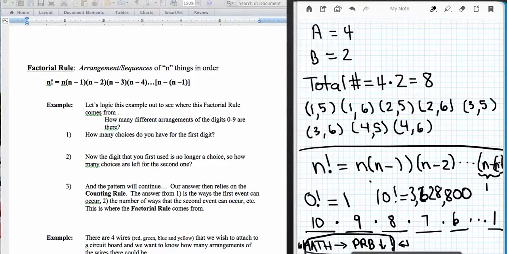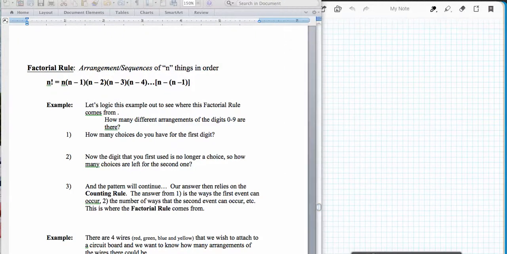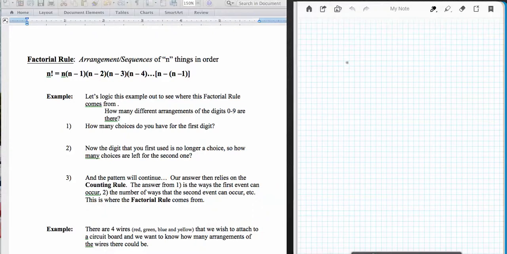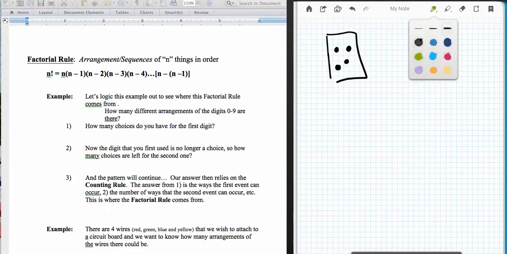All right, now the next thing that we want to do is look at this problem. So basically what I have here is 4 wires. I have a red wire, a green wire, and a blue wire, and I'm going to attach these to a circuit board. So I have a circuit board here, and it has these 4 possible attachments. And I want to attach a green wire.